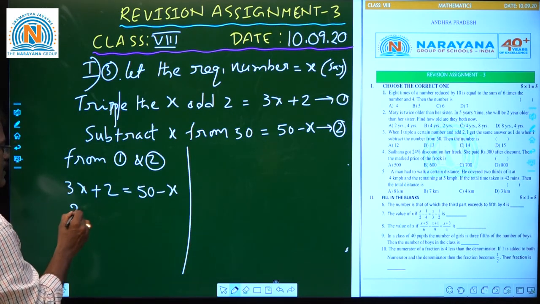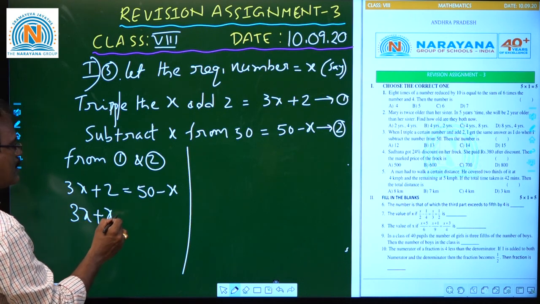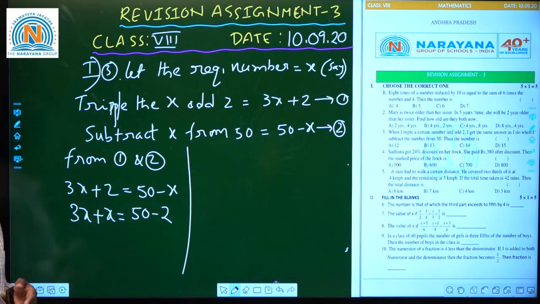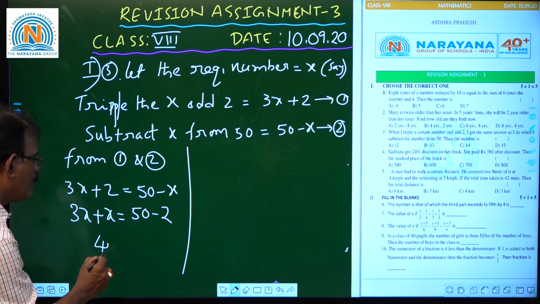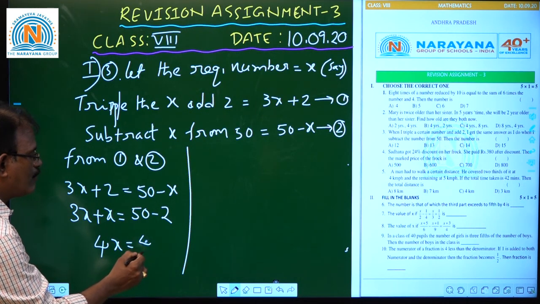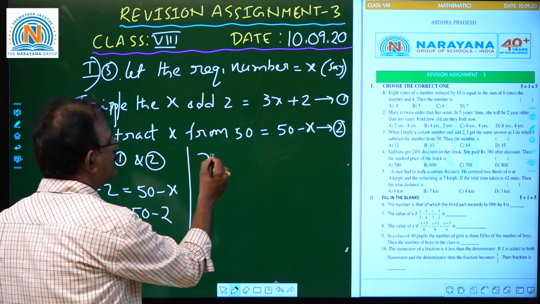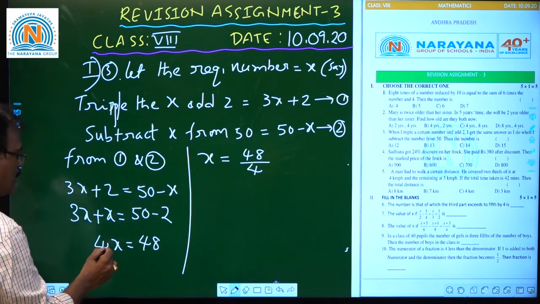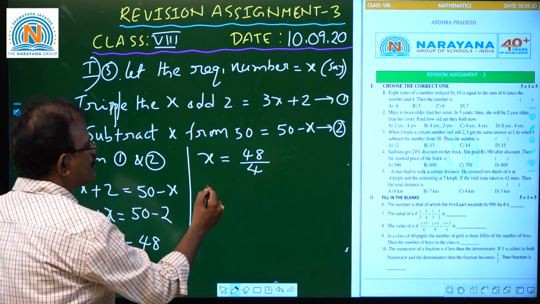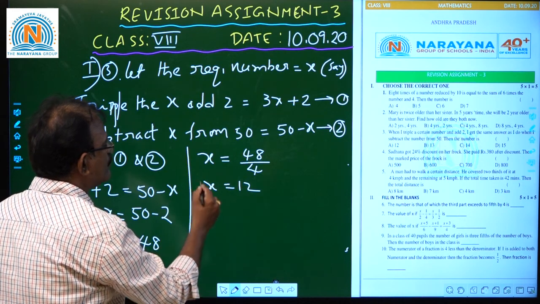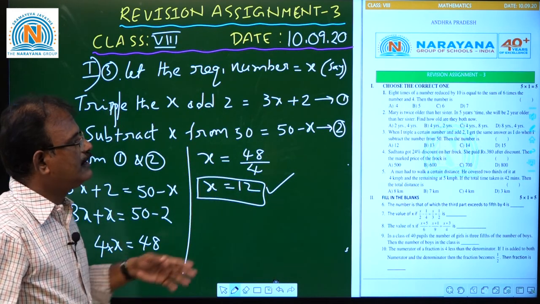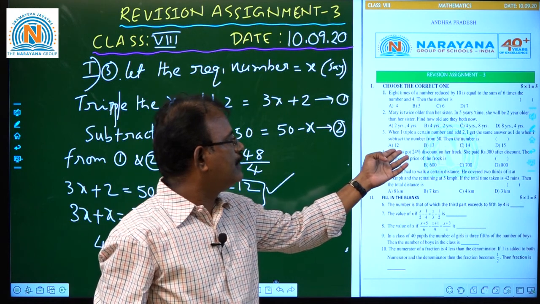Transpose minus x from RHS to LHS and transpose plus 2 from LHS to RHS. Then 4x is equal to 48. Then x is equal to 48 by 4, because this is multiplication, it changes to division. So x is equal to 12. This is the required number. It is there in the first option.